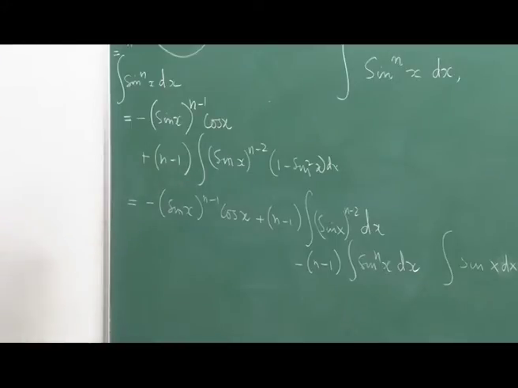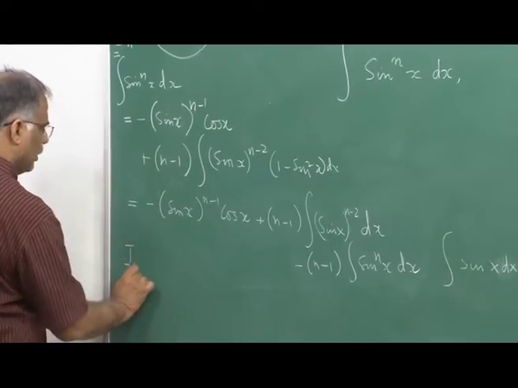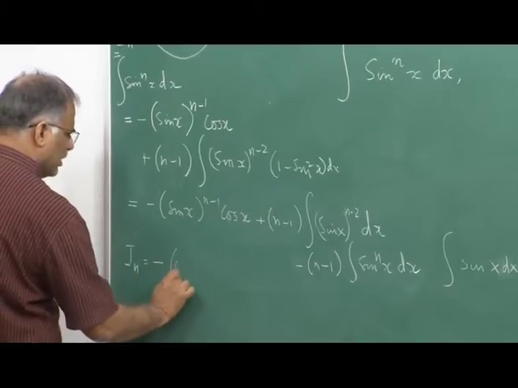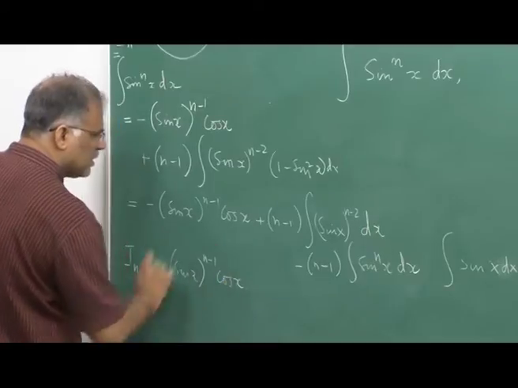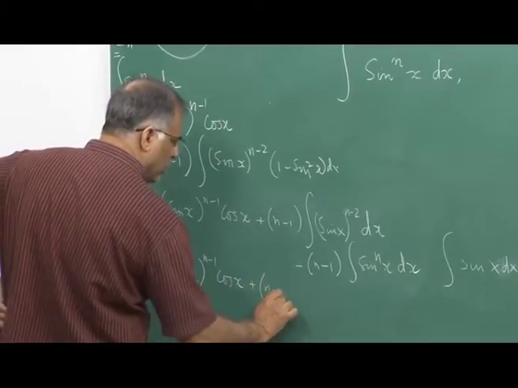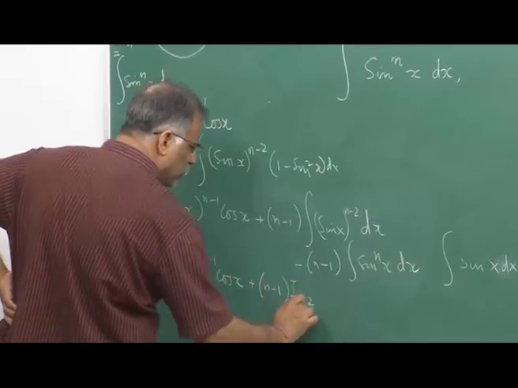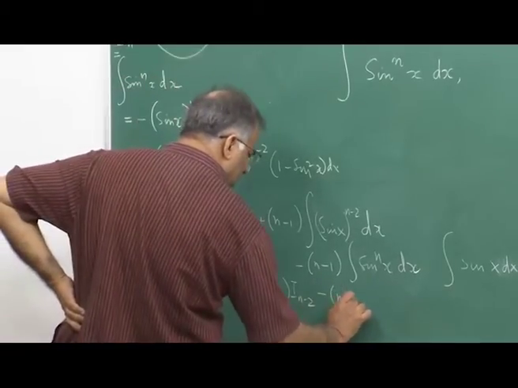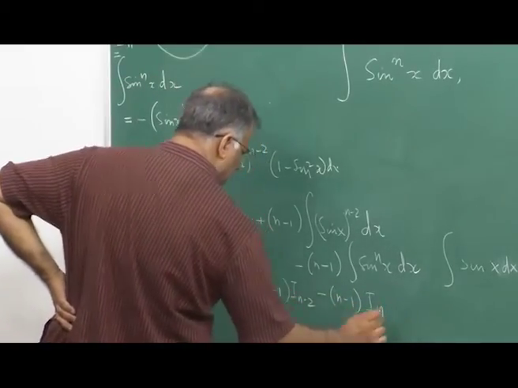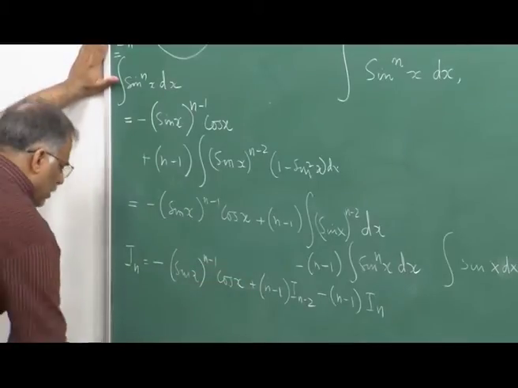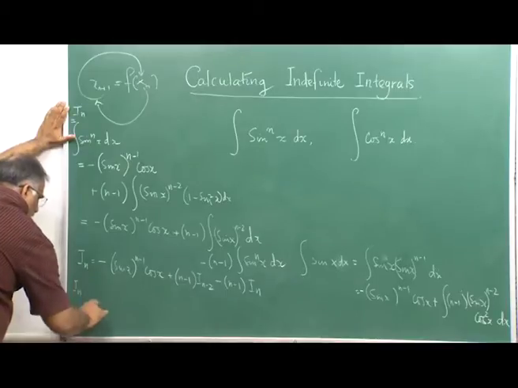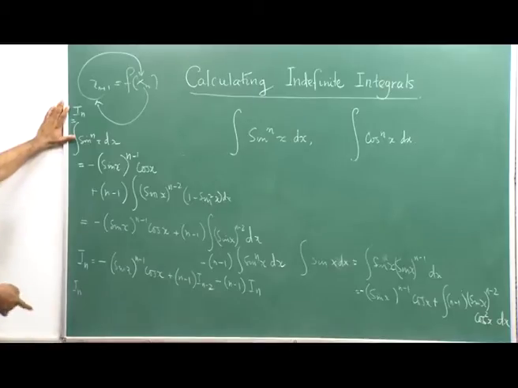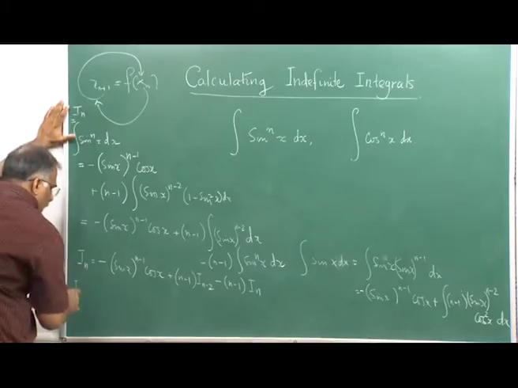So what I am getting is I n equals minus sine x to the n minus 1 cosine x plus n minus 1 into I n minus 2 minus n minus 1 into I n. So, you take it to the other side. So, we will have I n plus n minus 1 into I n, so you will have n I n, right.